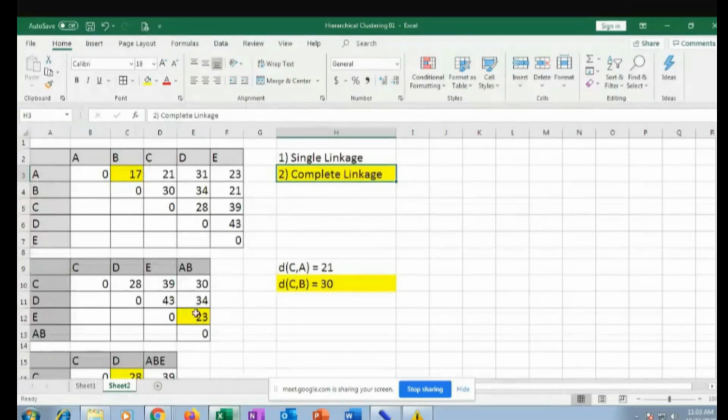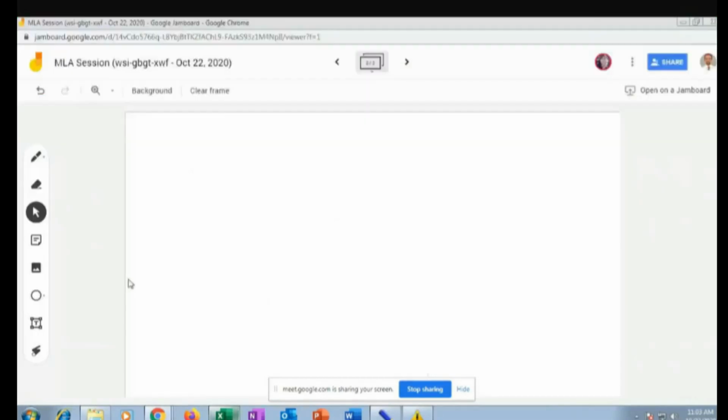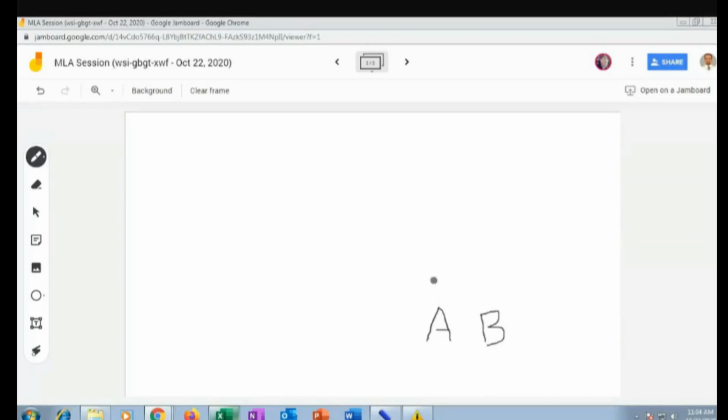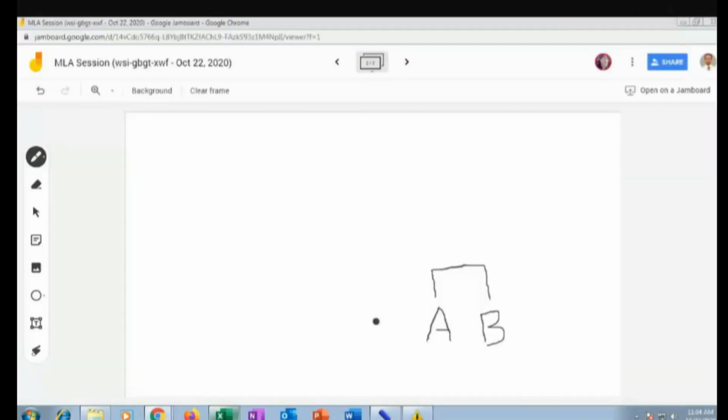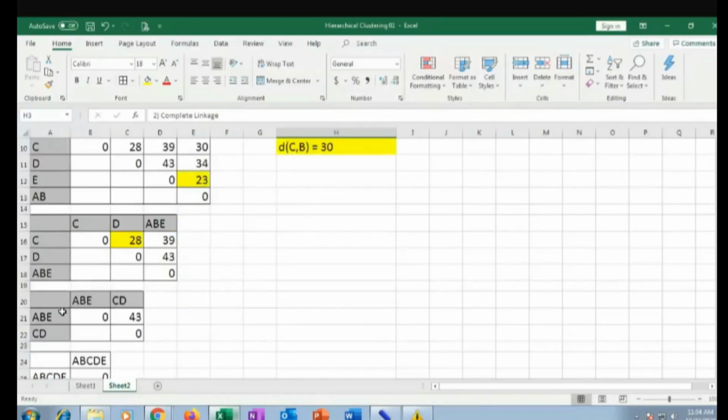What we have merged first in the second step, A, B together. Let's say A and B. They are merged first. Then what is merged next? A, B, E. Then you have merged E with AB. Then CD is merged.